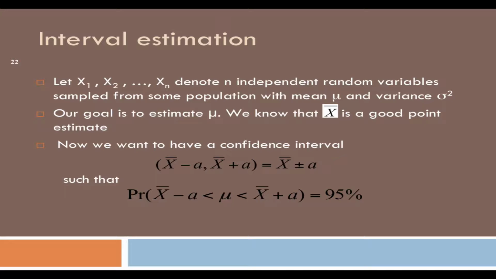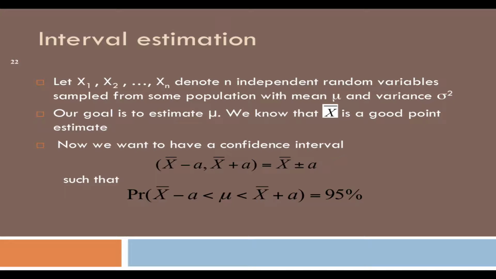Remember, when you talk about an interval estimate, we actually have to use the third property, which is the central limit theorem. So when you have a probability of 95% or 90% that mu is within this interval, you are implicitly assuming a large enough sample size. Because given a large enough sample size, x bar has a normal distribution.